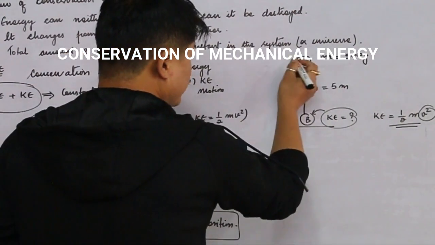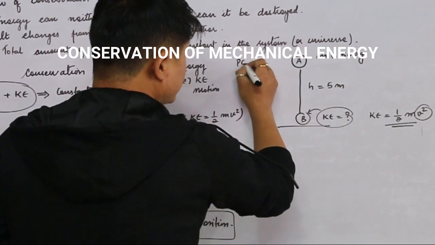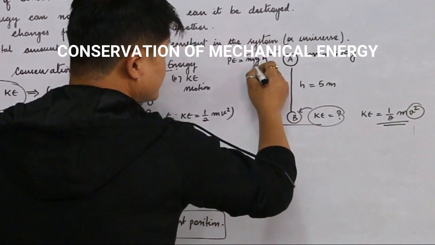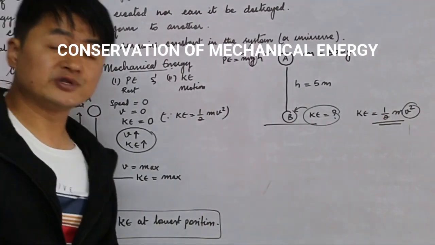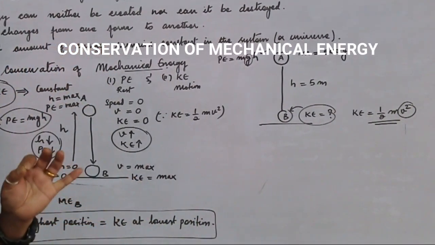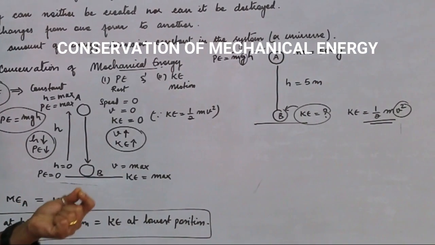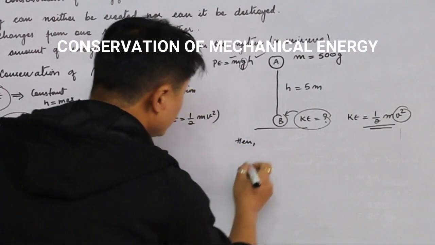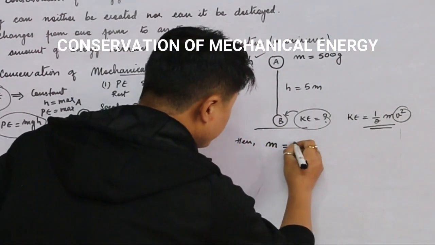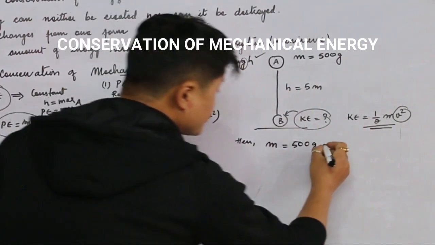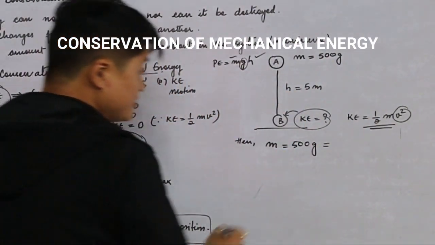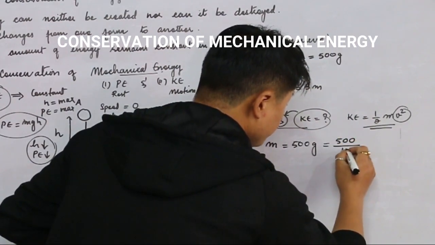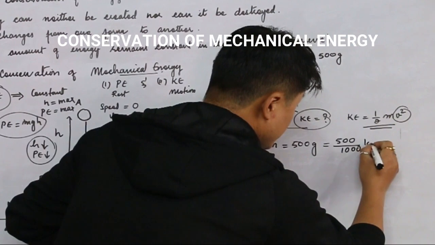Let's see, can we find the potential energy or not? Potential energy is equal to mgh. h is given, m is given, and g is always constant, which is 9.8 meter per second square, or an approximate value we can use, that is 10 meter per second square. Mass is equal to 500 gram, so we have to convert this into SI unit. 500 gram can be written as 500 divided by 1000 kg.